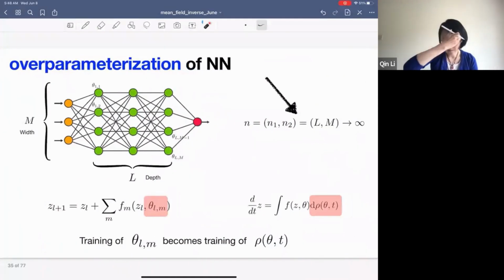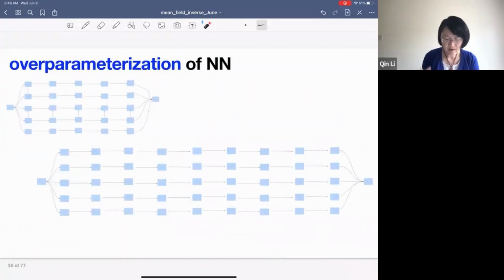So how do we do that? Let's imagine that this is your neural network. Initially you have 1, 2, 3, 4, 5, those many layers. And in each layer, you have 5 neurons. So in total, you have 25 neurons. Suppose I gradually elongate this direction. I have a lot of layers altogether.